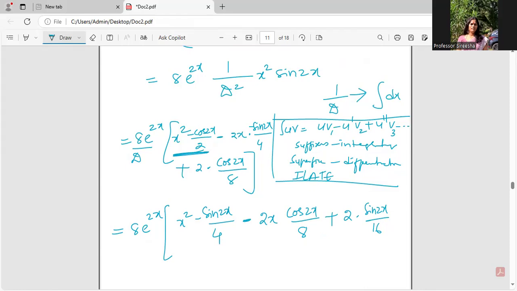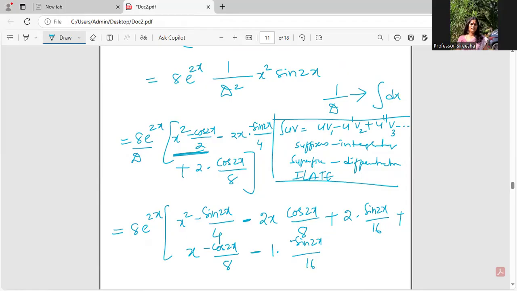Now coming to the second term integration, there's a minus sign. Of course, I can make it plus. So x into sin 2x minus cos 2x by 8 minus x derivative is 1 minus cos 2x integration would be minus sin 2x by 16.